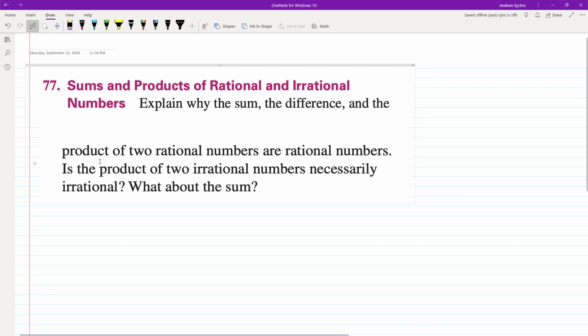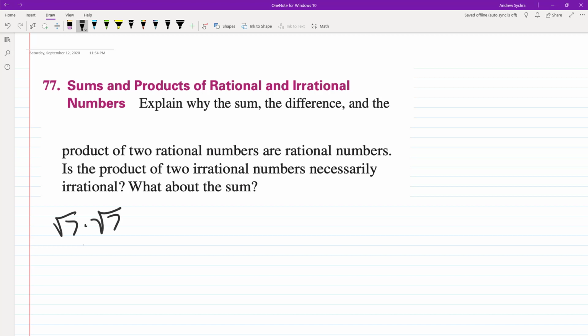Product of two rational numbers are rational numbers. Is the product of two irrational numbers necessarily irrational? What about the sum? The sum of two irrational numbers is not always going to be irrational, but the product can be rational. I'll give you an example.